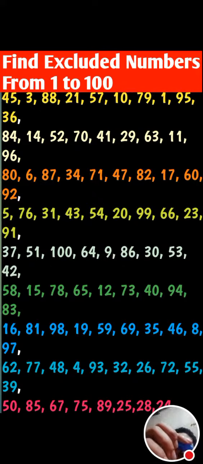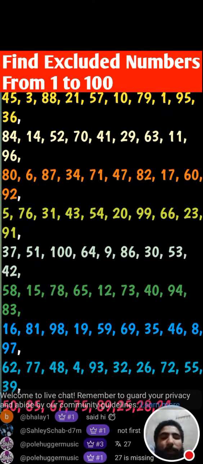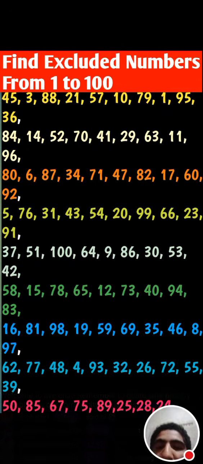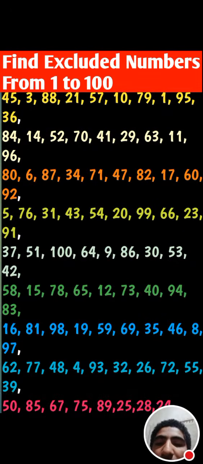The first number of the last row is 50. So we have found the first 50 numbers. Among the first 50 numbers, the missing numbers are, yes, I also write that the number 27 is also missing.